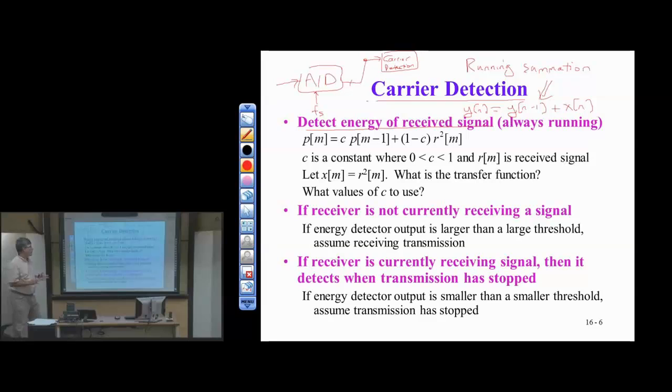Okay? So as an alternative, we can take a weighted sum of the input and the previous output. This weighting will, in the end, give us a low-pass filter. We'll give away one of the questions, but it's a low-pass filter. Okay.